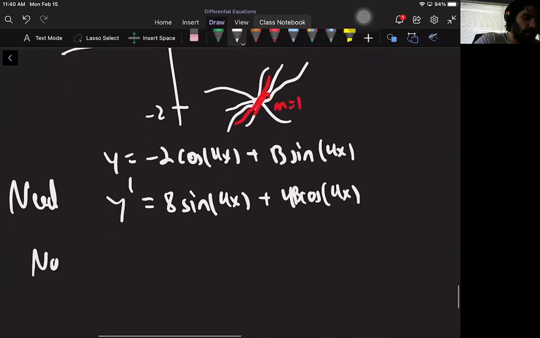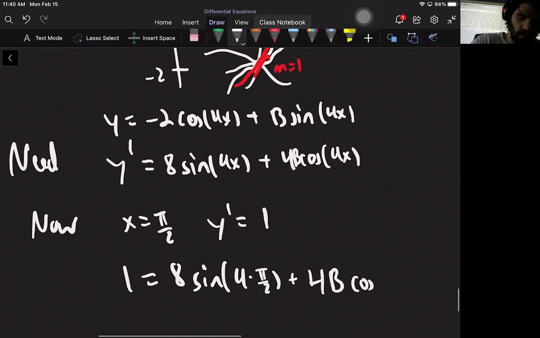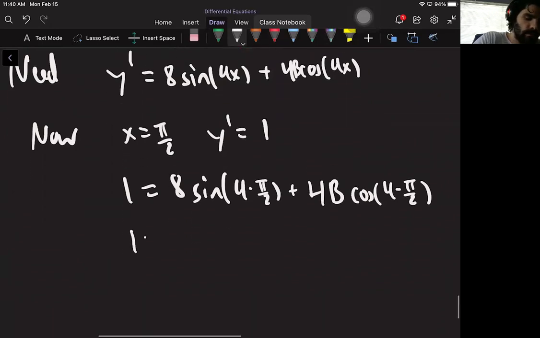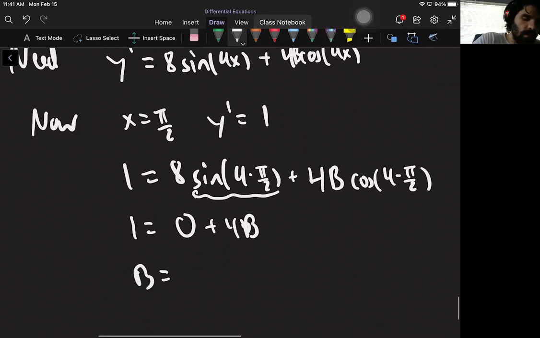And now, when x is pi over 2, I want y prime to be 1. So I'm going to impose that condition by just plugging it in, and this will allow me to solve for b, as we'll see right now. This is sine of 2 pi, so that's just going to be 0. And this will just be 4b because it's cosine of 2 pi. So b is going to be 1/4.